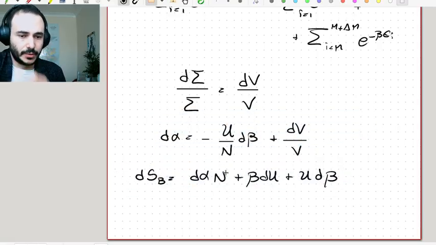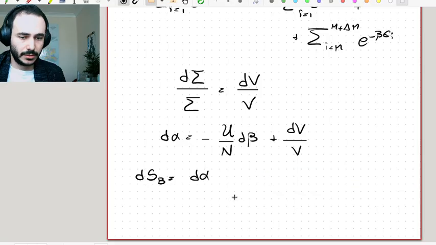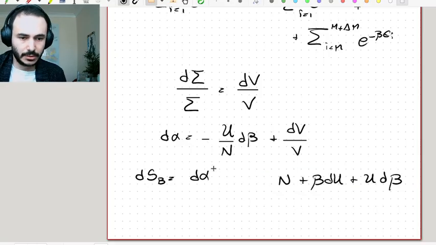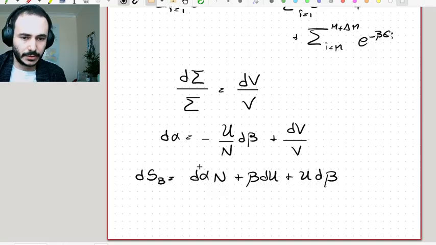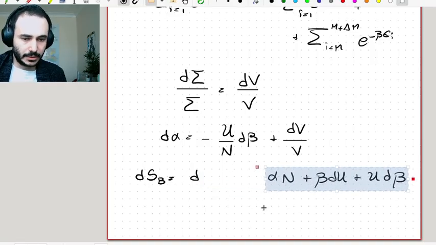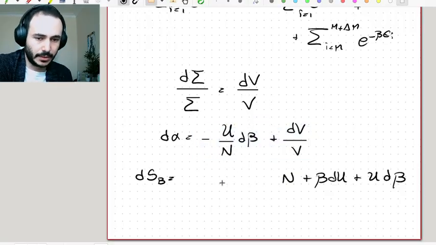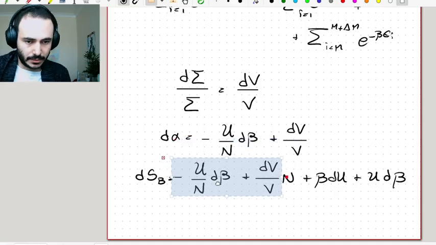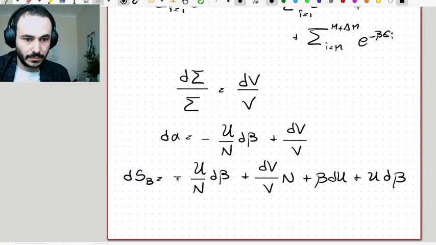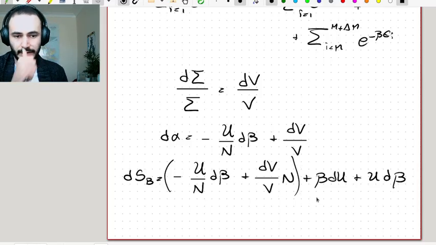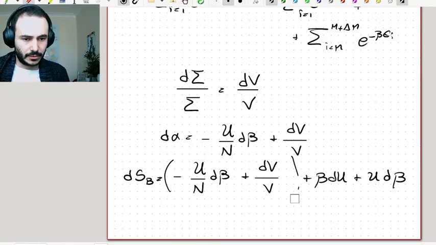Now we write the differential of alpha, just copying from here, and the whole thing is multiplied by n.